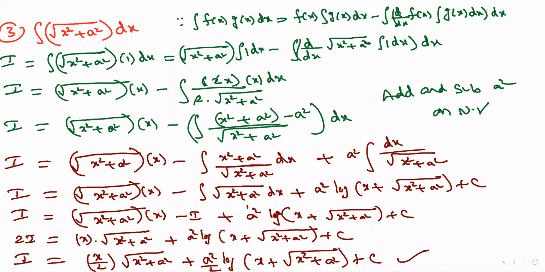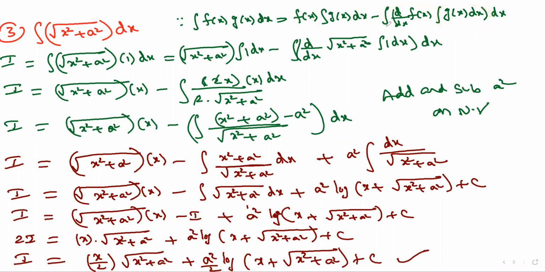Okay, now I am going to explain the next theorem: integral of root under x square plus a square dx. Here one function is given. Let us take the second function g of x as 1. So we use the integration by parts formula. What is the formula? Integration of f of x g of x is equal to the first function into the integration of the second function, minus the integration of the derivative of the first function into the integration of the second function.